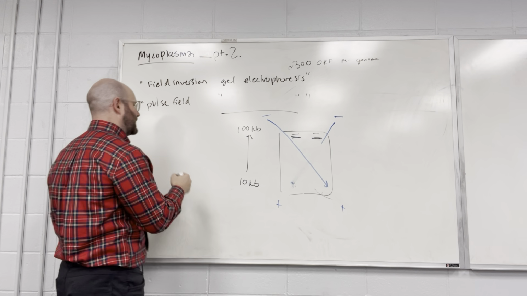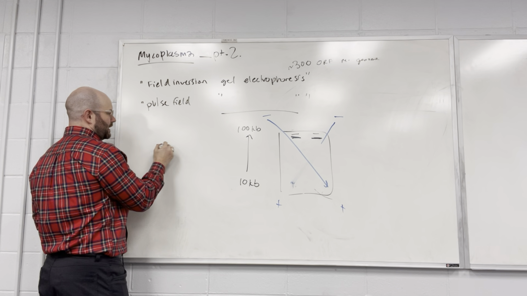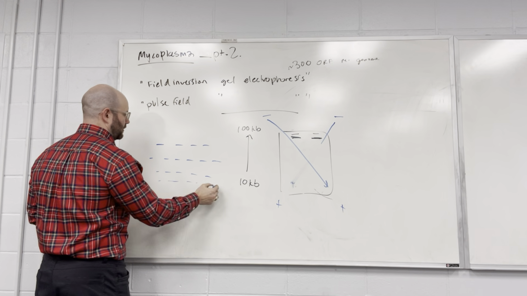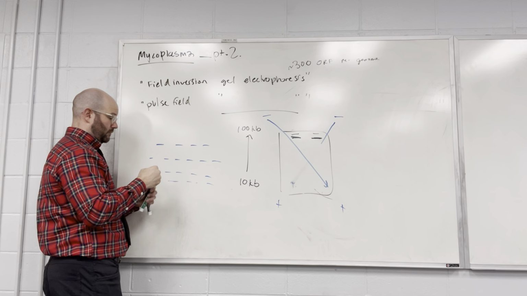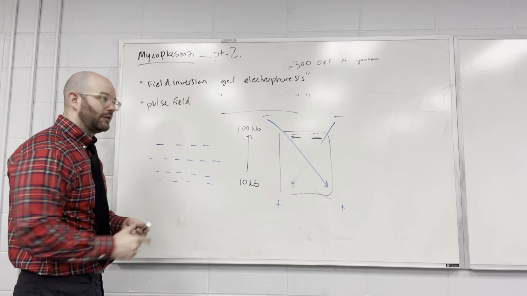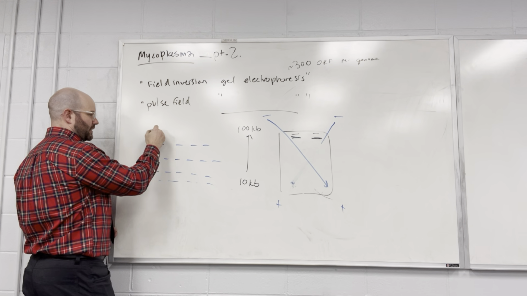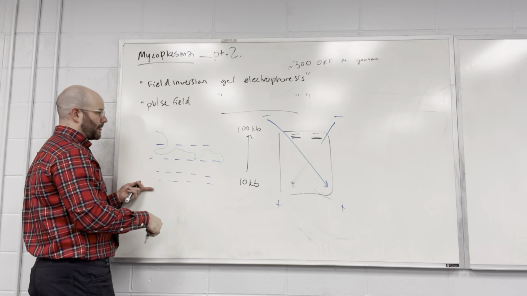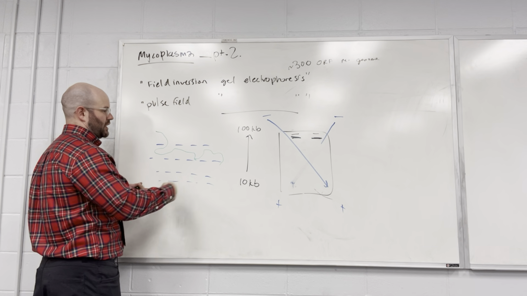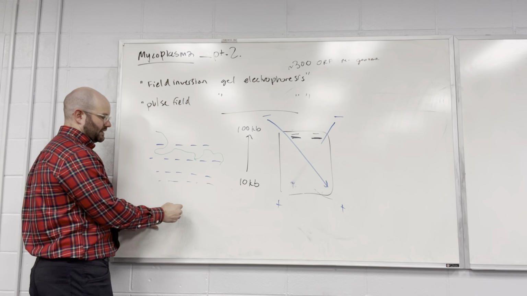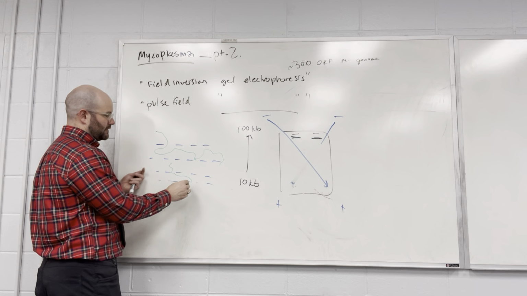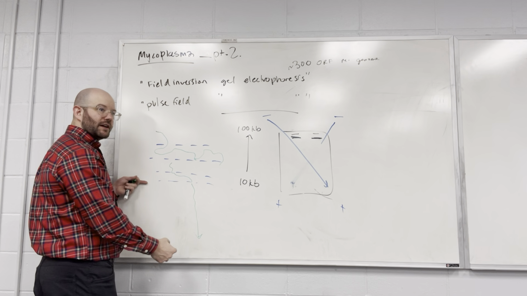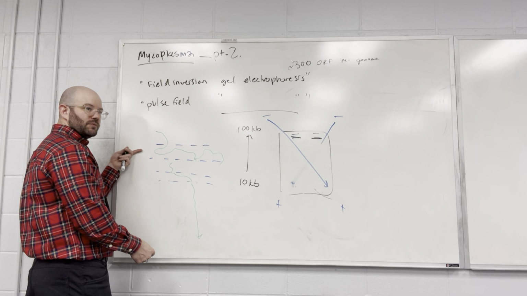The reason that separates things out is, if you have a gel matrix and the DNA has to go through these pores, when you're constantly changing the direction, smaller stuff is able to get through faster, and gigantic stuff goes much, much slower.